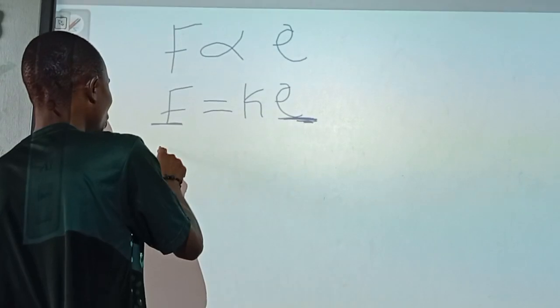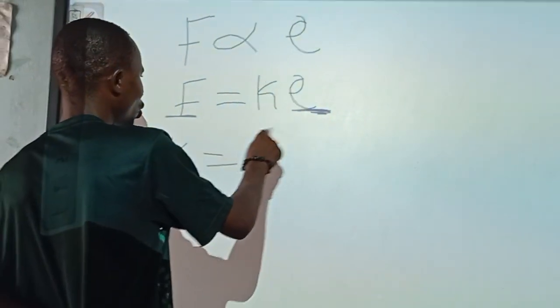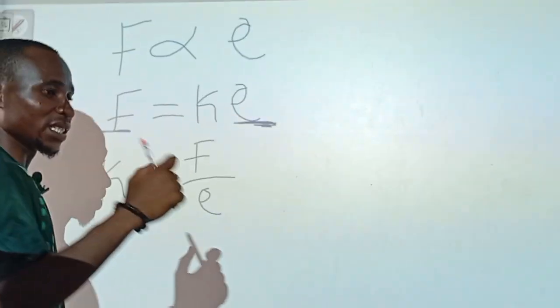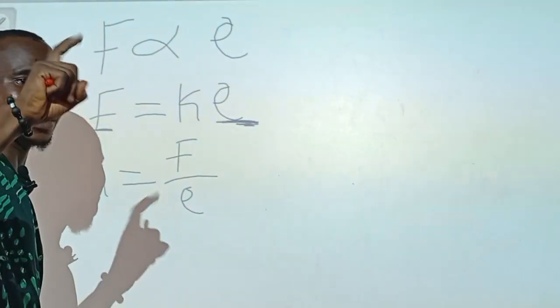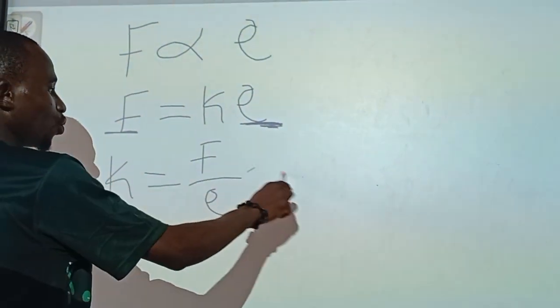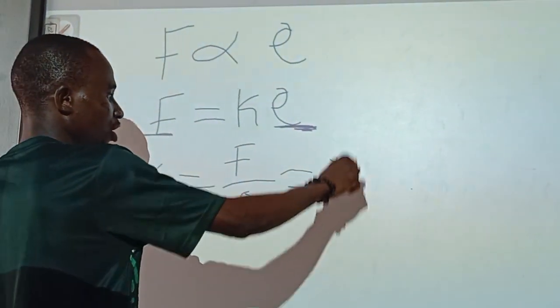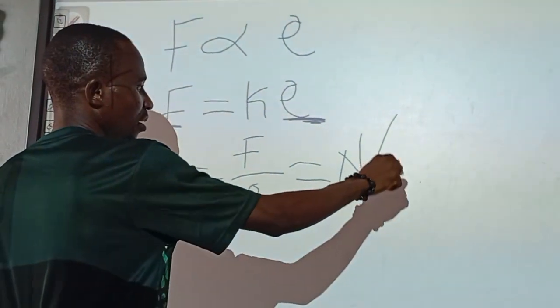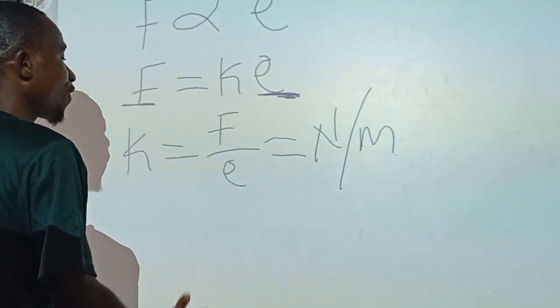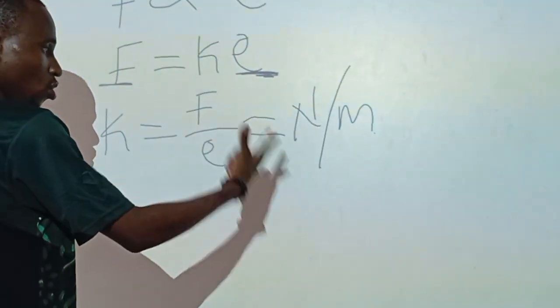So our k is equal to F over e, and our k is known as the stiffness of the material or the force constant, which has a unit of Newton per meter. So this is the mathematical expression of Hooke's law.